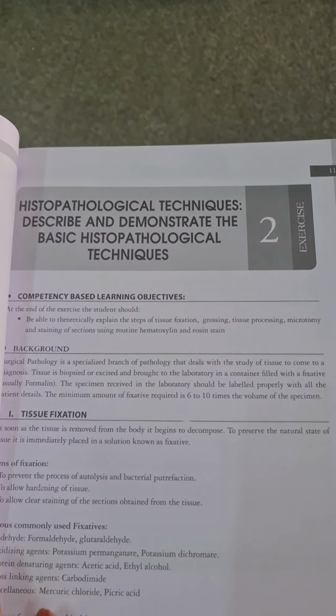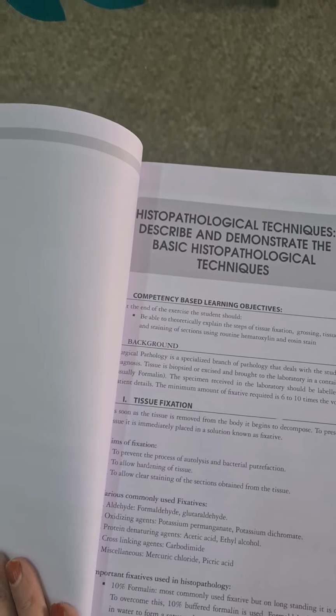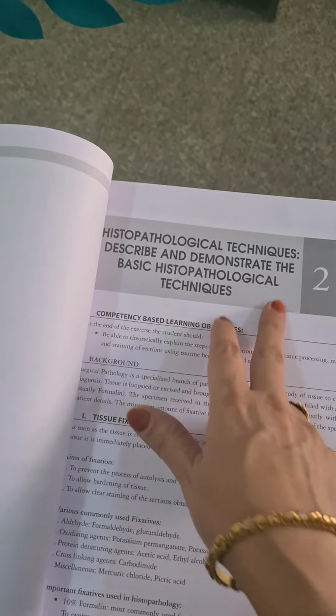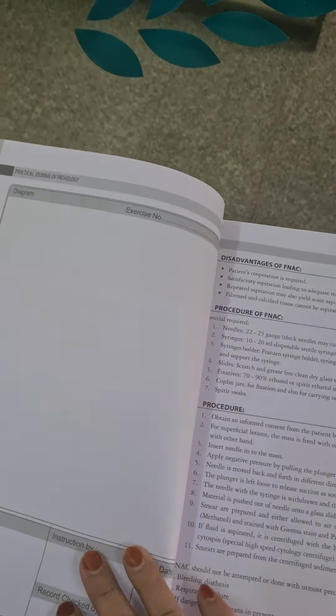Here you will find each and everything, like histopathological techniques, how we gross the specimen, how we process the tissue and everything. Then FNACs, advantages, disadvantages, then comes cell injury and adaptation. This is all from the textbook.